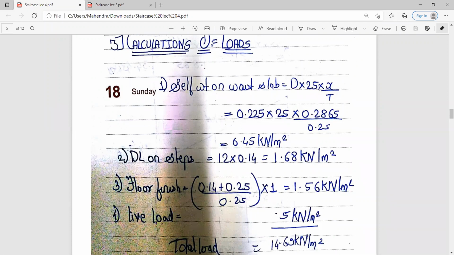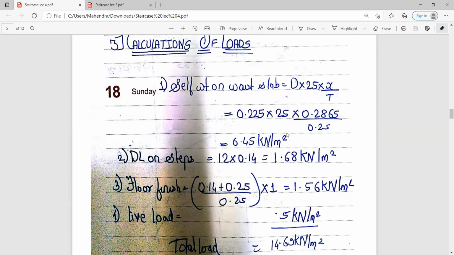So under root of 250 square plus 140 square, you will get the value for X. So the X value you will get is 0.2865, upon T, that is the width of tread. The width of tread you had taken was 250, so again you have to convert it into meter, so 0.25. From that you get the self weight of the waist slab as 6.45 kN per meter square.